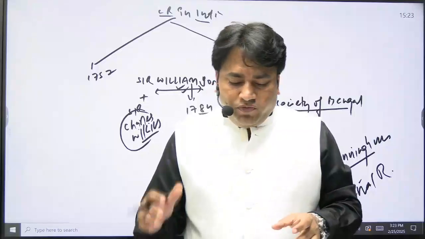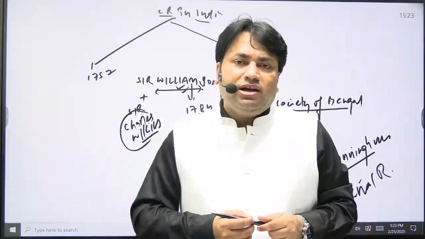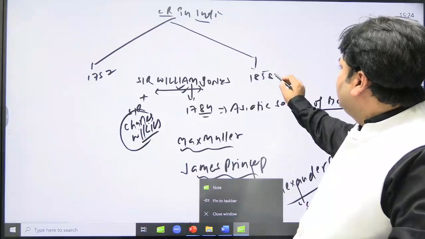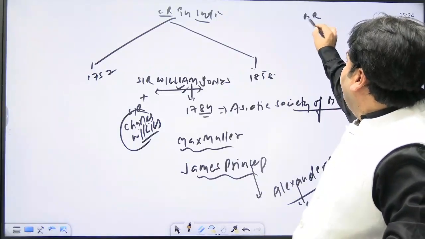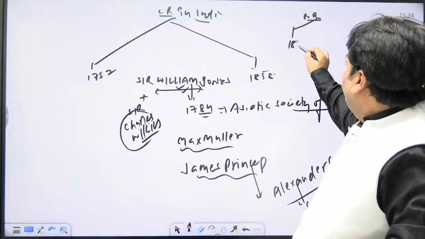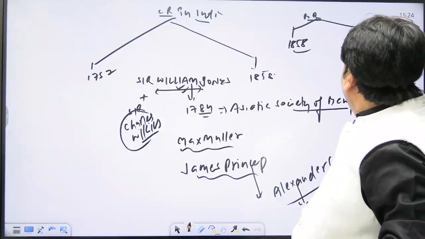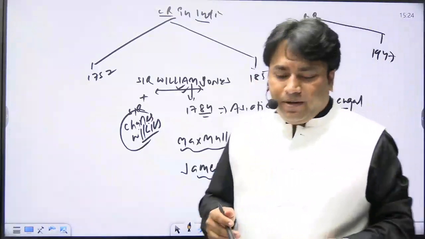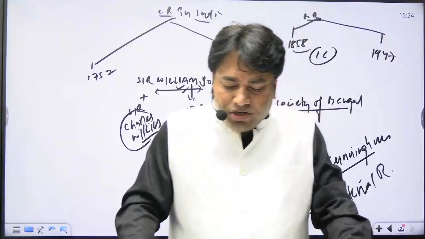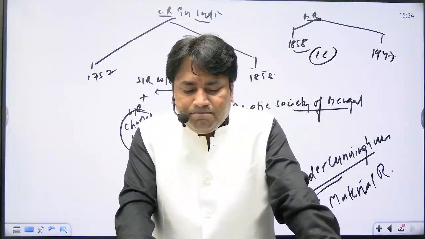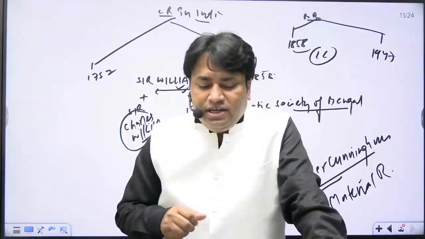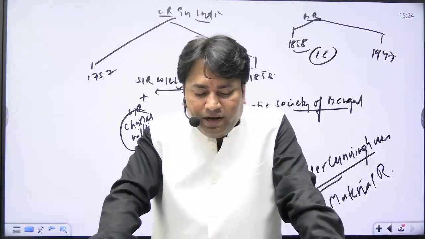So when Lord Curzon became Viceroy of India, what did he do? Now we are entering the second phase, that is British rule in India. When Lord Curzon became the Viceroy of India, he promoted the Archaeological Survey, and Sir John Marshall was appointed as DG of the Archaeological Survey of India.